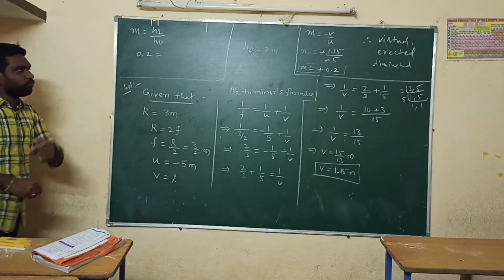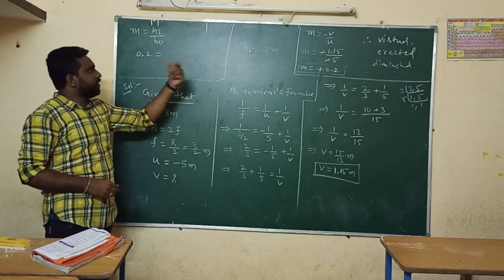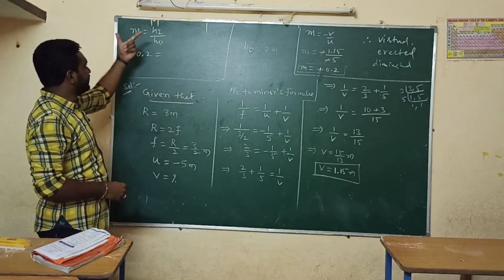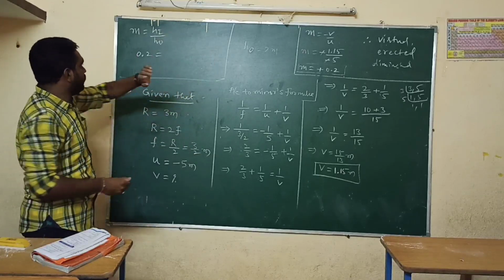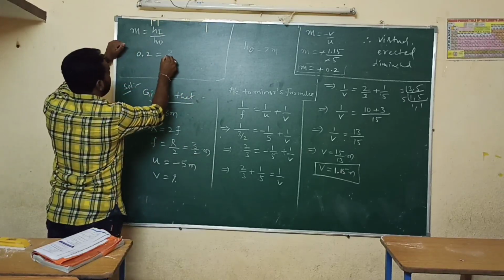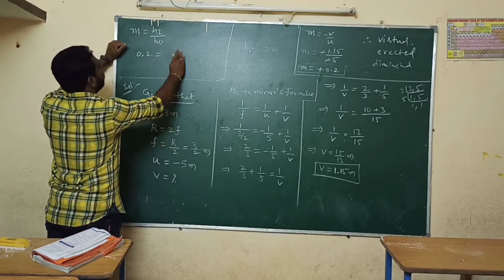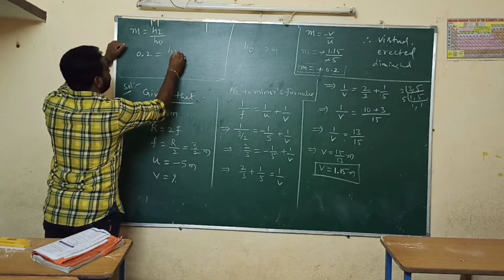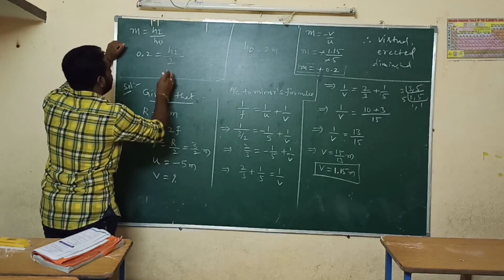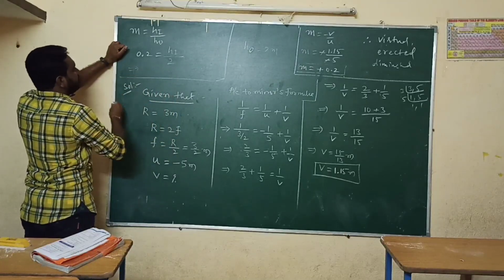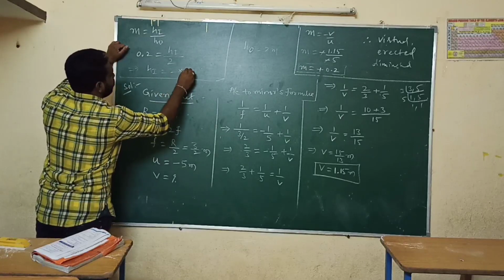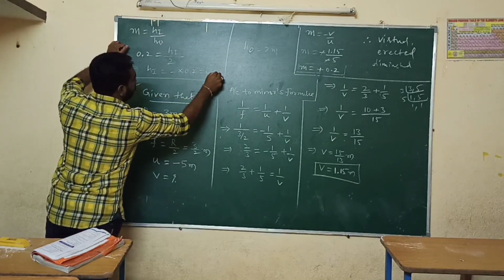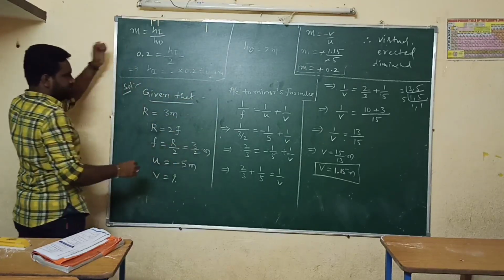I am substituting 2 meters here. If we do the cross multiplication, we get the size of the image hi equal to 2 into 0.2, which is 0.4 meters.